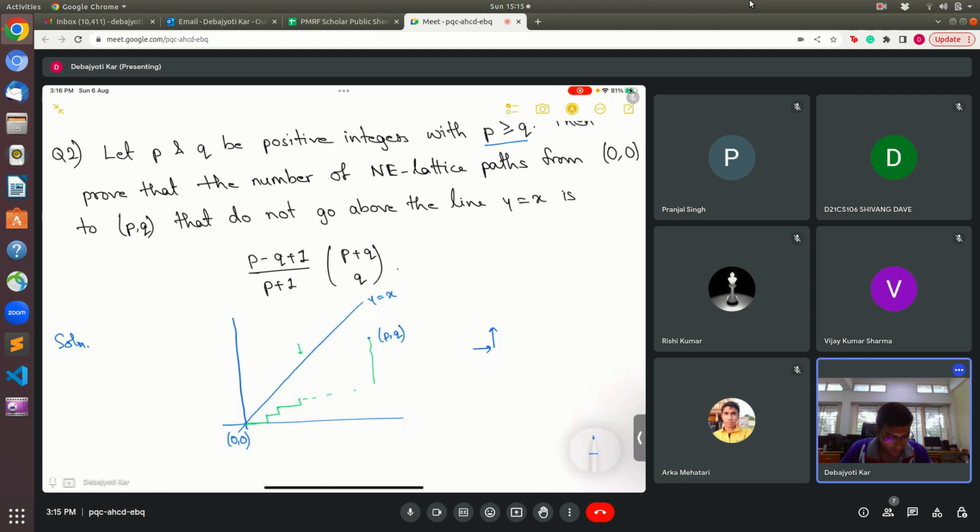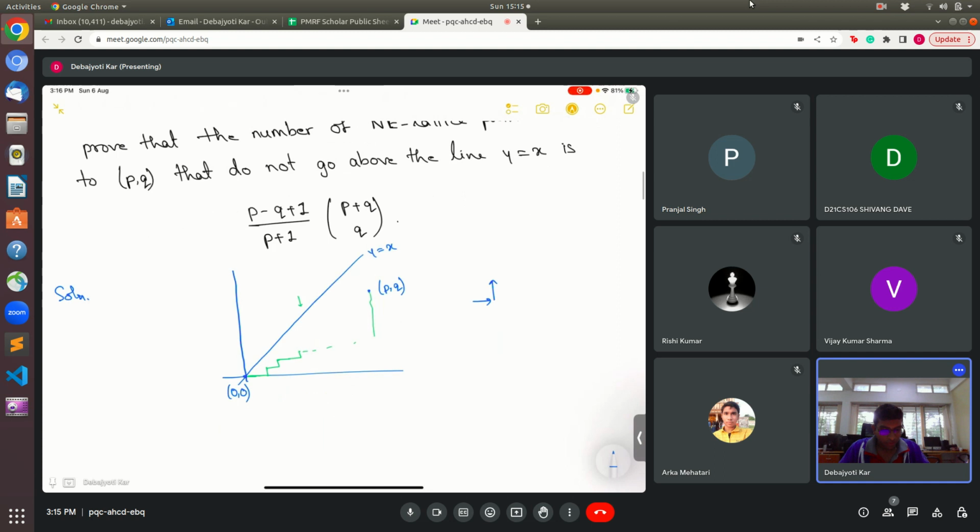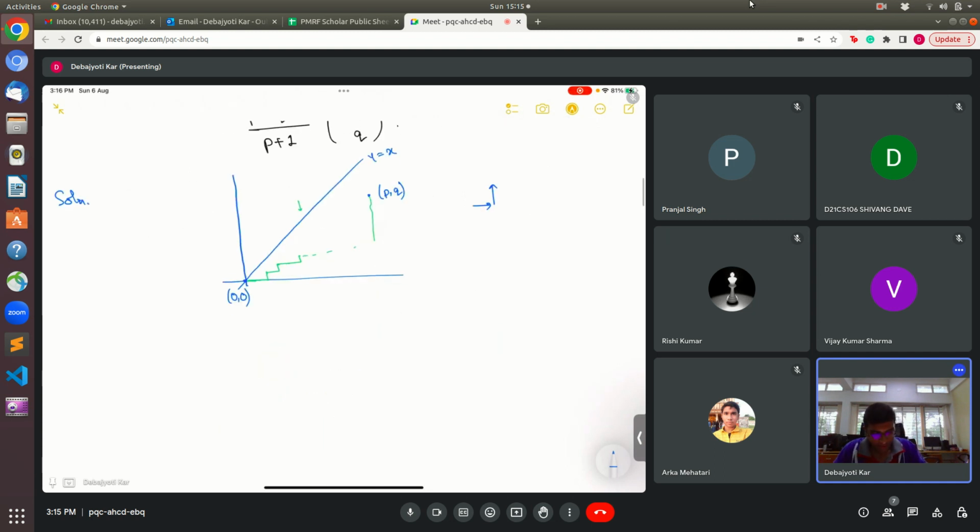Now what is the total number of steps that you need to take? First of all, let us count that. From the origin, in order to go to (p, q), we have to take p right steps and q up steps, right?